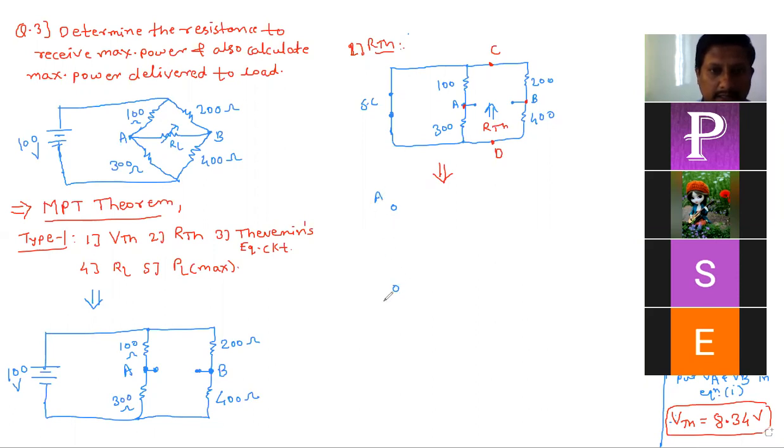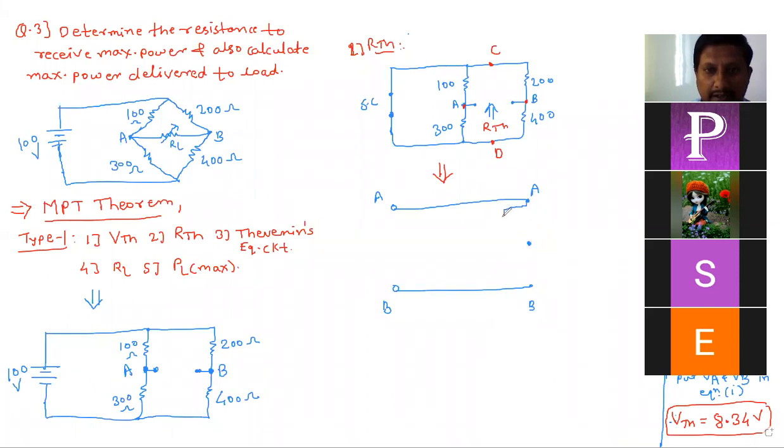This is A, this is B. So A point I will take here because it is the same, B I will take here. Between A and C 100 ohm is there, and between A and D 300 is there, but C and D both are same, so that I will take here.